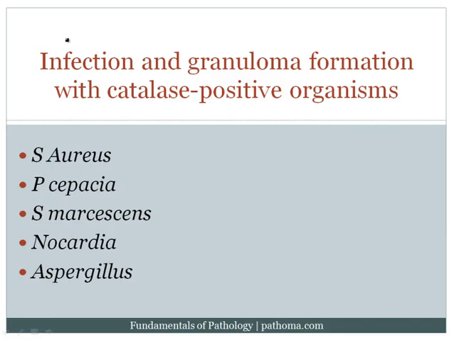Now, in particular, there are 5 organisms that patients get infections with. Staph aureus, but everybody knows it, and it's a very, very classic bug, and it's not really the one that shows up on examinations most often. So Staph aureus is a catalase-positive bug, and it is a common bug that will arise in a patient with chronic granulomatous disease. But I would tell you, in my own opinion, more important is Pseudomonas cepacia.